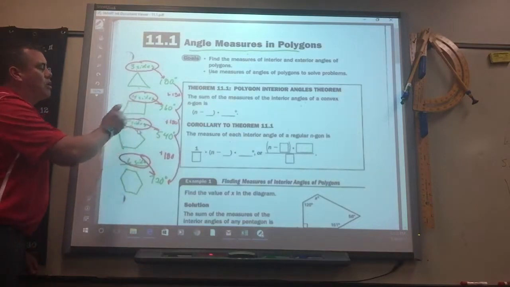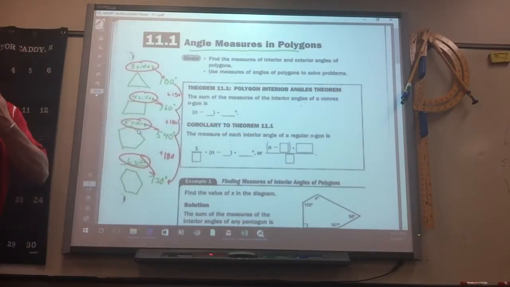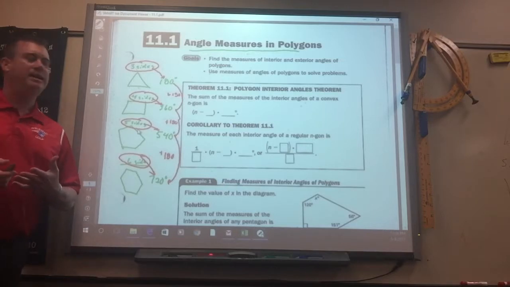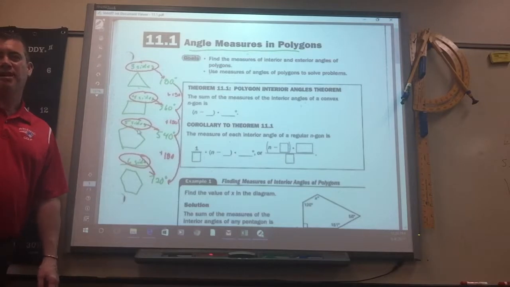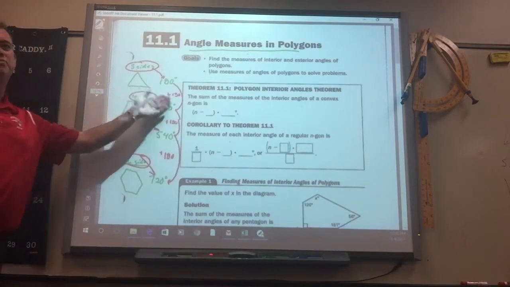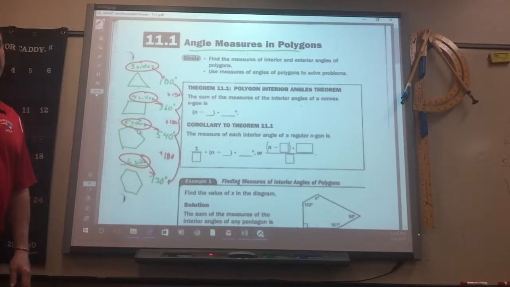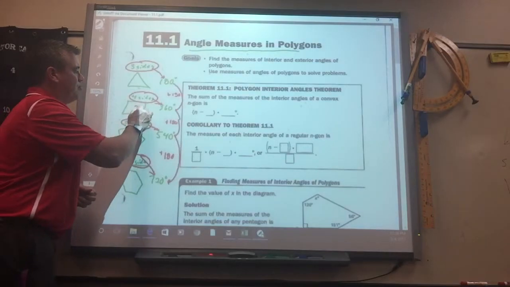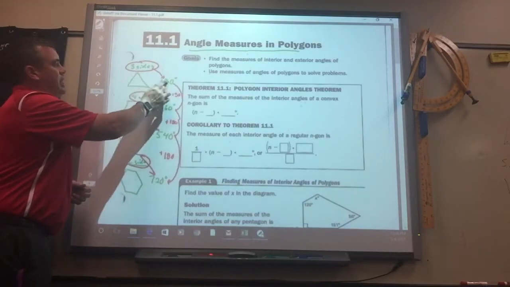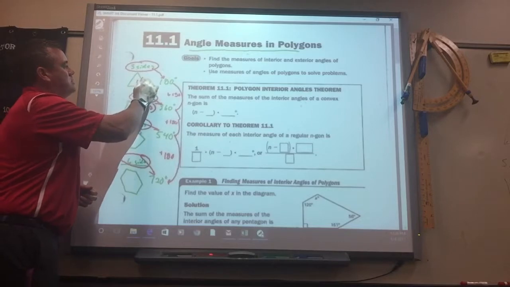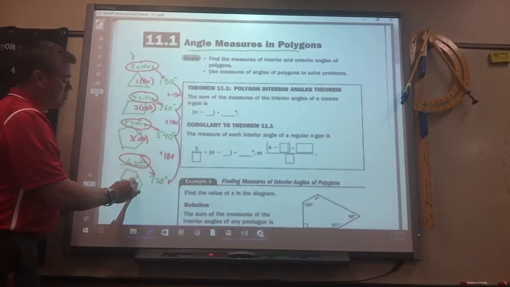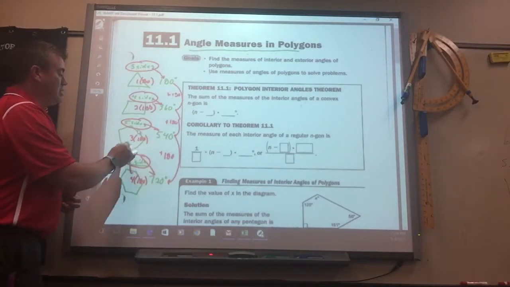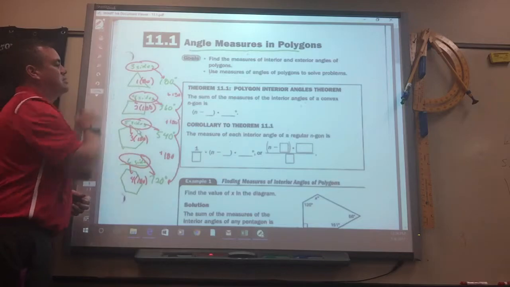Obviously not just the number of sides times 180. What times 180 is 360? 2. What times 180 is 180? 1. This is 3 times 180, 4 times, 5 times. You just subtract 2 off of the number of sides.